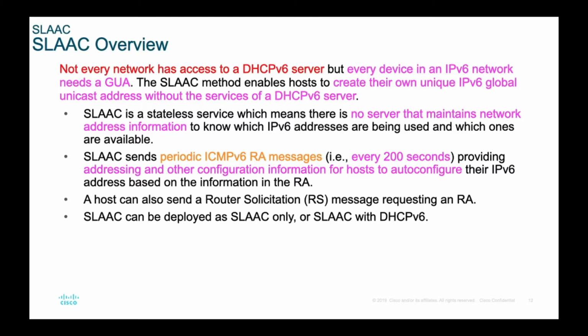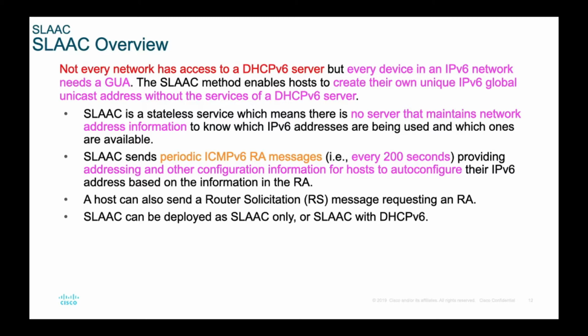Okay, SLAAC is based on the ICMP version 6 router advertisement, which is sent every 200 seconds. But if there is a new device that has been configured to auto-configure IPv6, it cannot wait for 200 seconds. It's going to be too long.